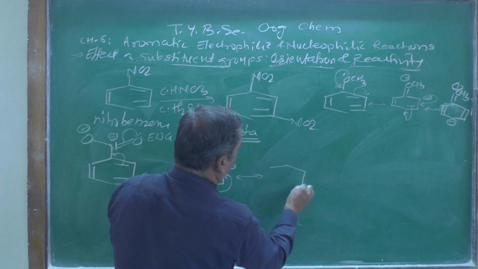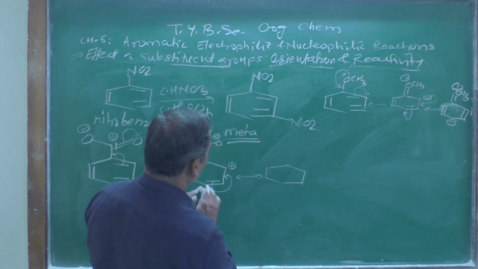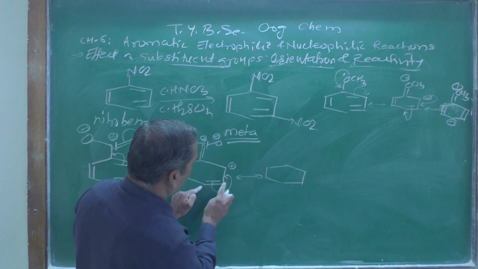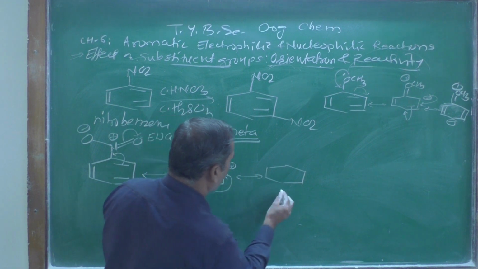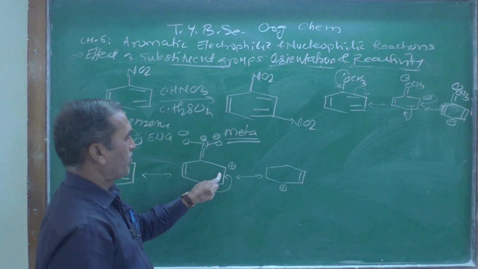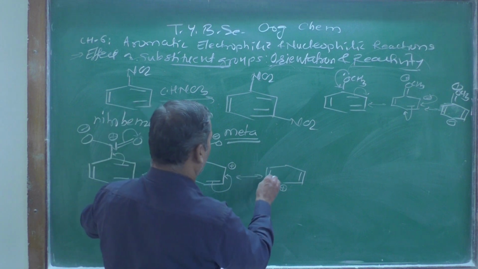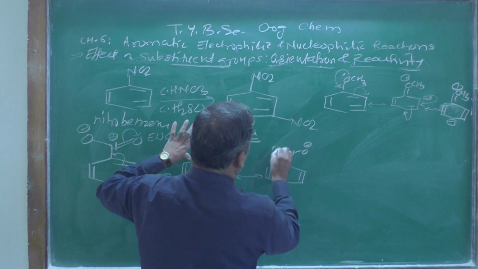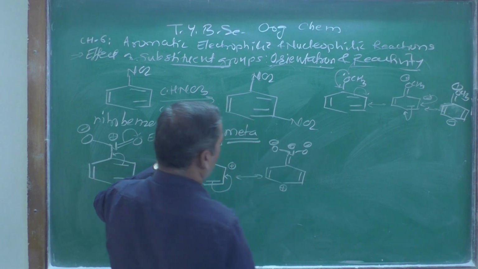And now what am I going to get here? What are the changes I made? When the double bond shifted from here to here, a positive charge comes on that corner point, there will be a double bond, and this double bond remains as it is, other things remain as they are, O minus, then O minus positive charge as it is.